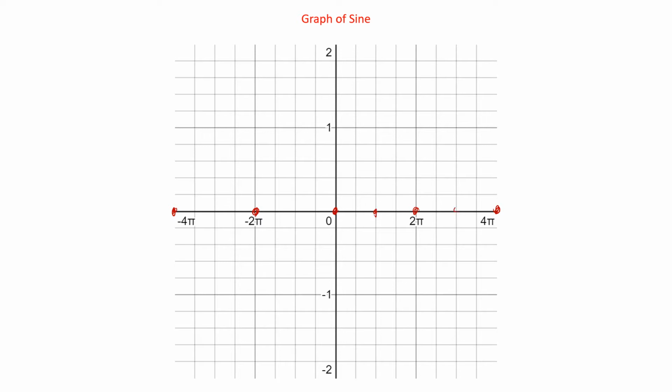Now, notice that the axes on my graph are not the same, like the x-axis and the y-axis are not the same. The x-axis I have measured in pi's, and the y-axis is just numbers. But notice, we go over 2 pi when we go up 1. 2 pi is like 6 point something, like 6.28-ish.